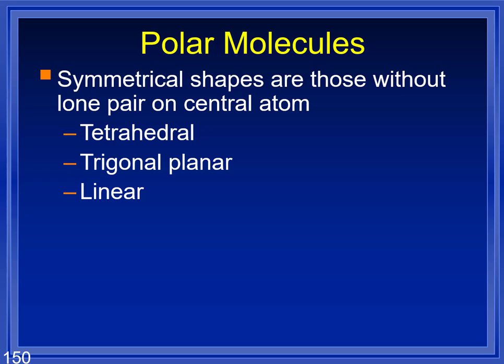Okay, another way of looking at it. Look at those symmetrical shapes. Where is the atom everything's connected to here? Right smack dab in the middle, right? Linear, where's the atom everything's connected to? Smack dab in the middle. Tetrahedral. Everything's connected to the atom straight in the middle.